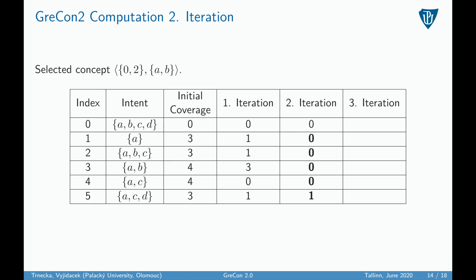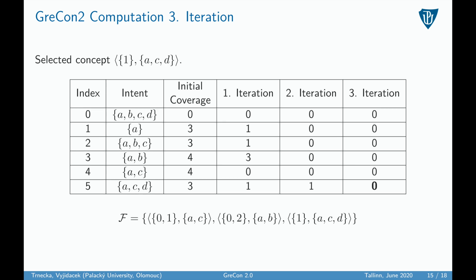In the second iteration we select concept 0, 2, AB, and if we look into the table we can see that only one item is uncovered. So in the last iteration the concept 1 ACD is selected, and each concept has actual coverage equal to 0.